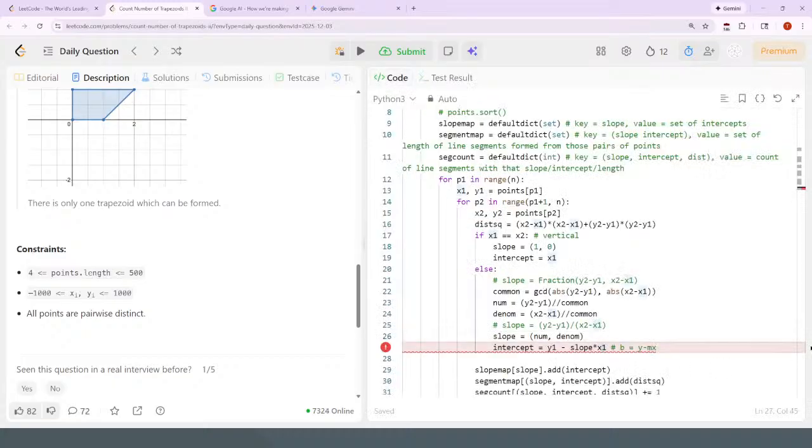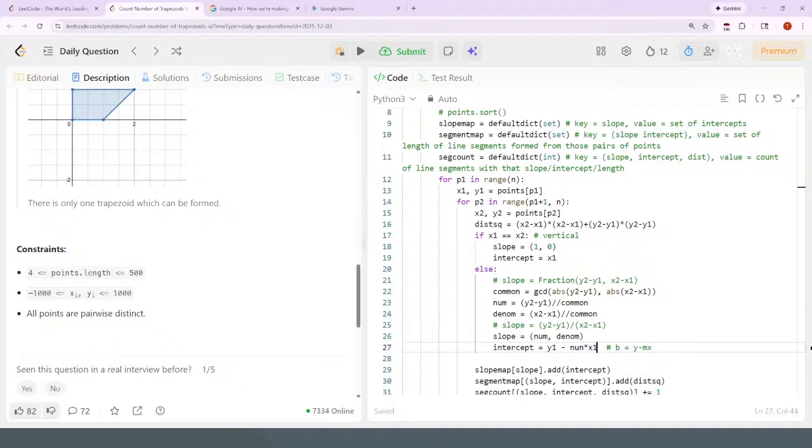I see. Yeah, that's probably going to require a little more work. Okay, so this should be the slope, the numerator. Actually, I already have the values here.